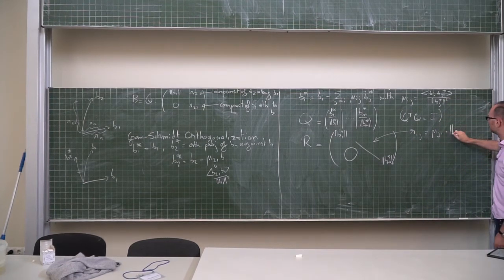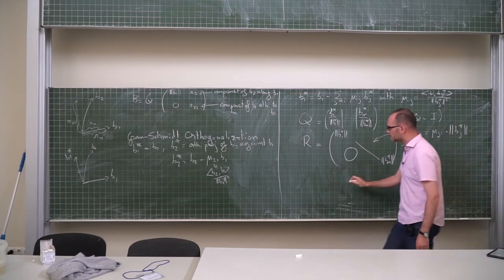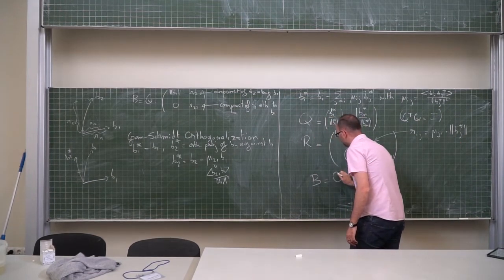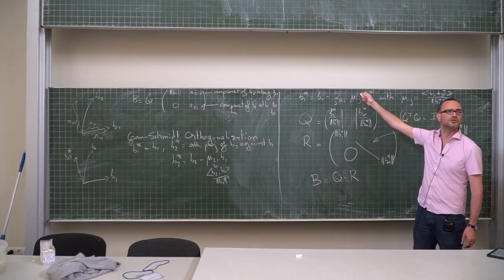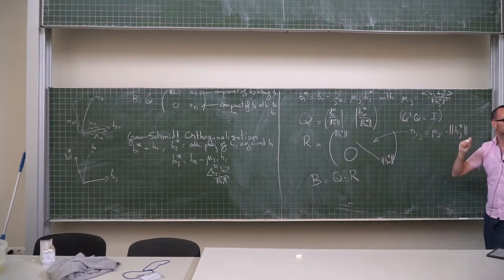So I think it's times Bj star. Anyway, so if you are happy with QR, just stick to QR. If you really want to think of it in terms of GSO, this is the relationship. So indeed, B is equal to QR. And this equality is exactly this definition of the Bi stars. It's a rewriting of it.